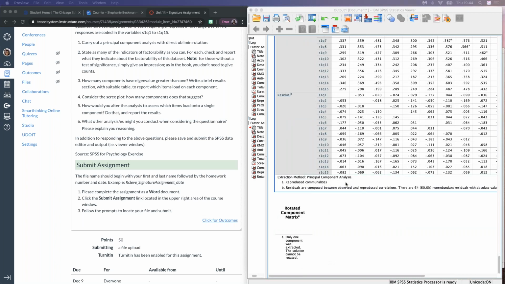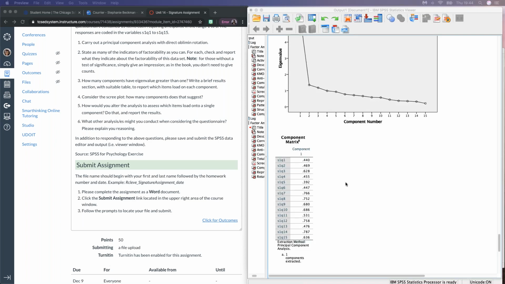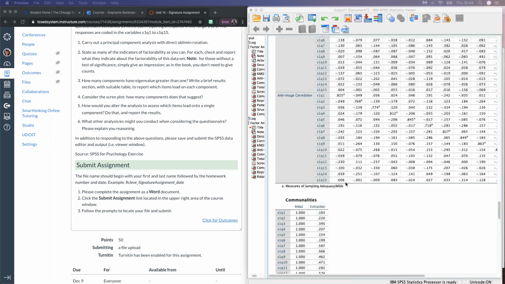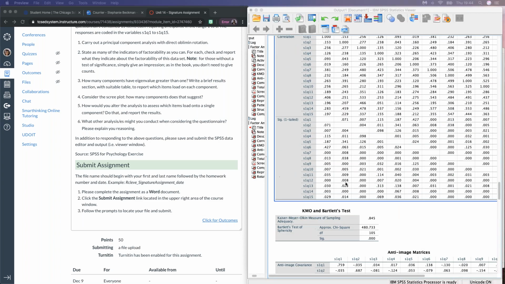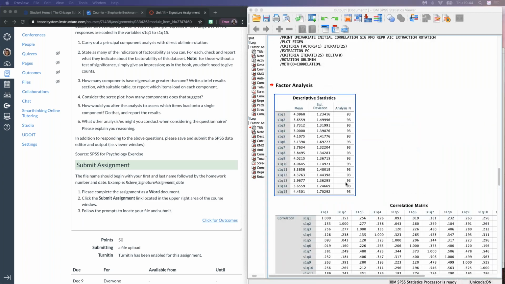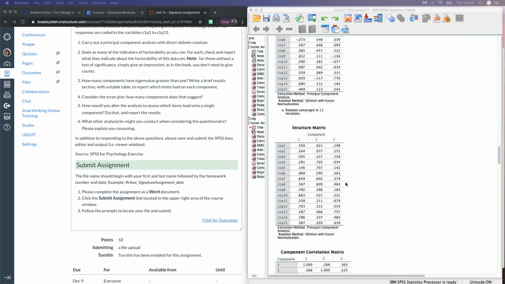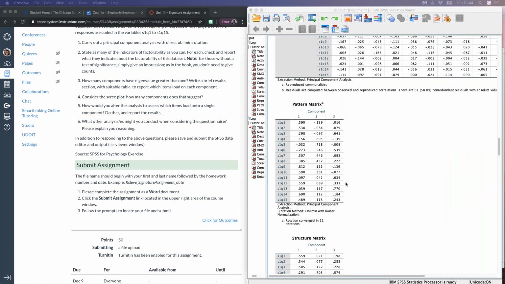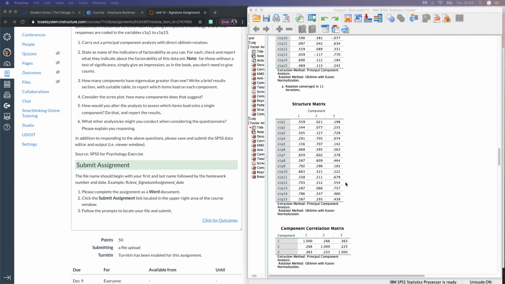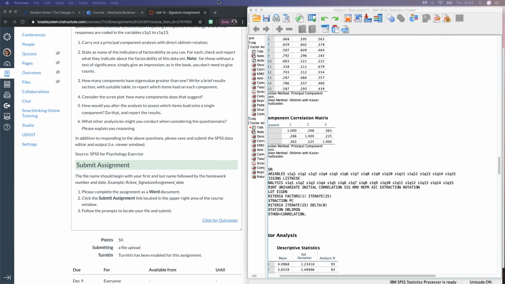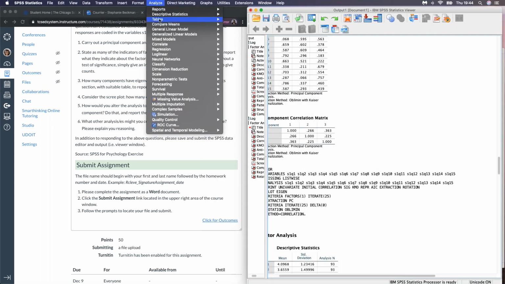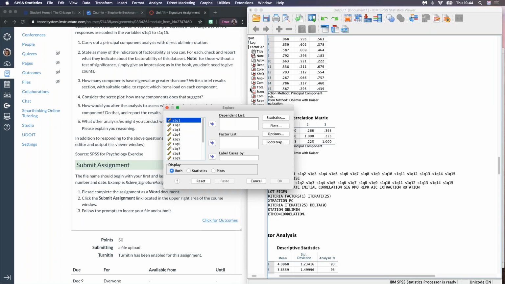I wonder if I did something wrong, I'm not finding my pattern matrix. Any thoughts, anybody? I'm a little bit stuck here. I'm going to try to do the analysis one more time and see if I just missed something.